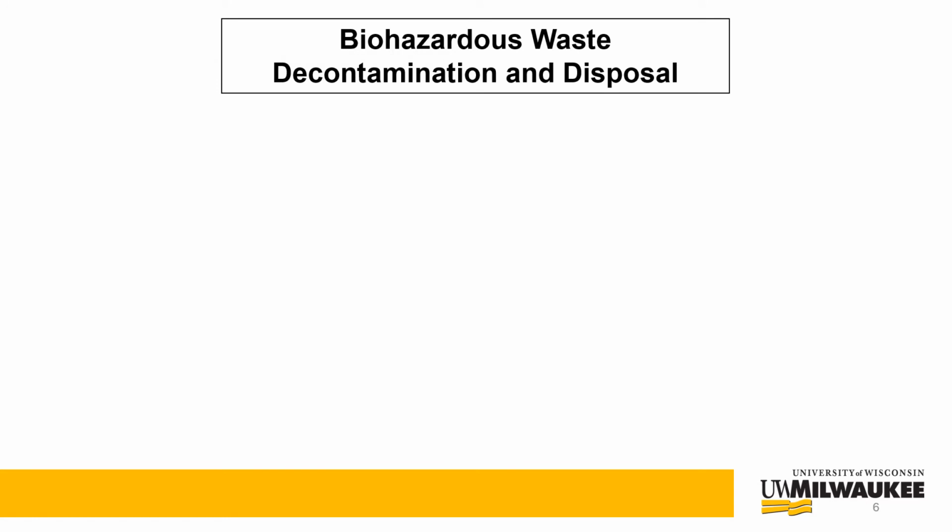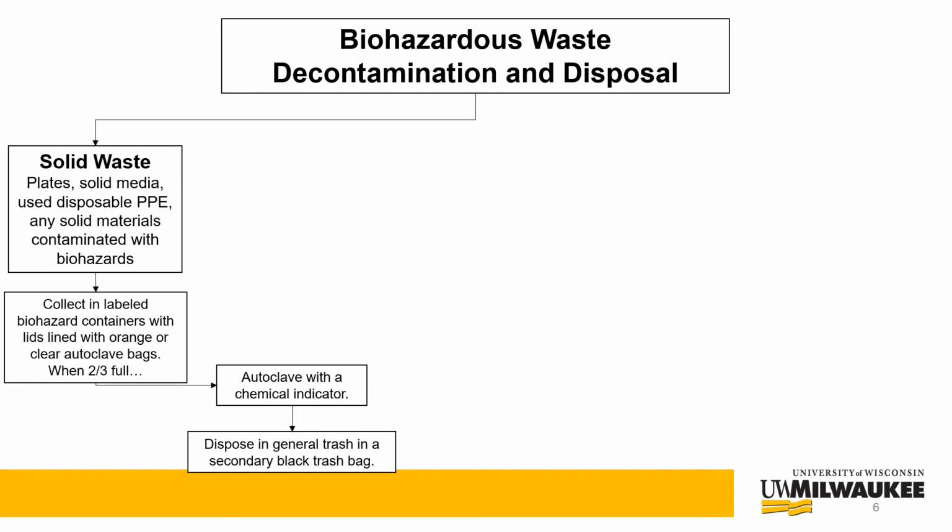Let's discuss biohazardous waste decontamination and disposal methods. Solid waste, such as plates, solid media, used disposable PPE, or any other solid materials that may be contaminated with biohazards, should be collected in labeled biohazard containers lined with orange or clear autoclave bags.